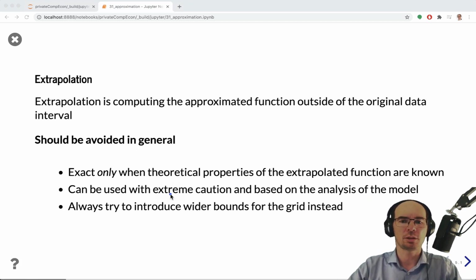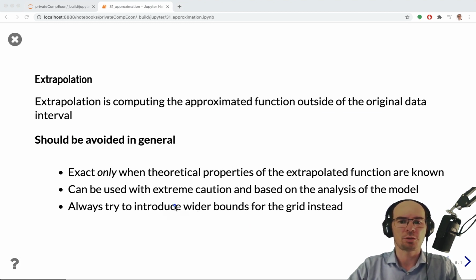Sometimes it is possible to derive theoretical properties of the function of interest, f of x, which give rise to our ability to extrapolate with a decent degree of robustness in the area where we don't have any data, any functional values calculated there.